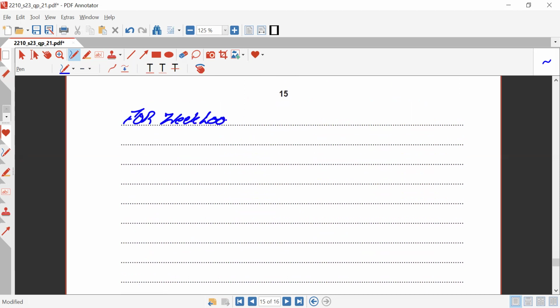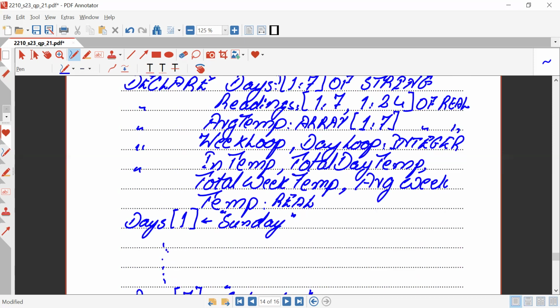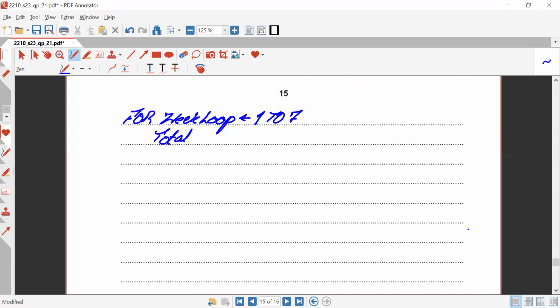Fine. So week loop will be from 1 to 7. And just inside the week loop, we will say total day temp will be initialized at 0. We took it over here, total day temp, but we haven't initialized it. We just declared it.